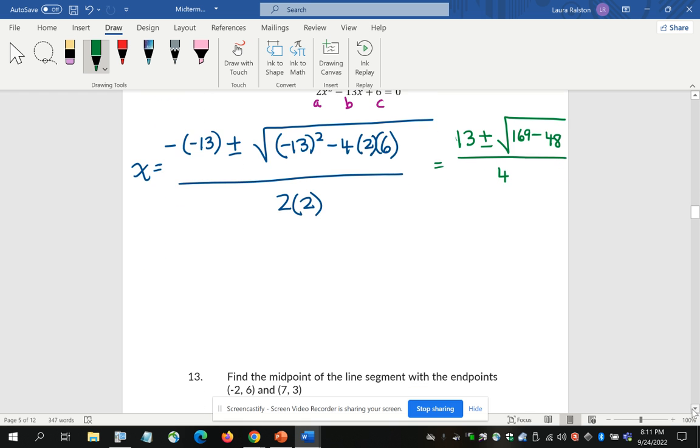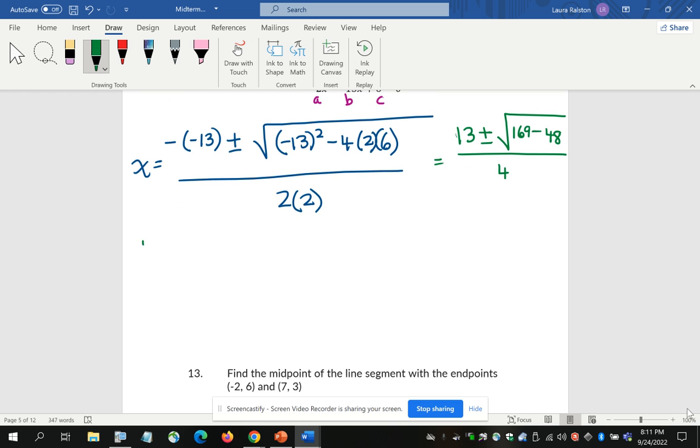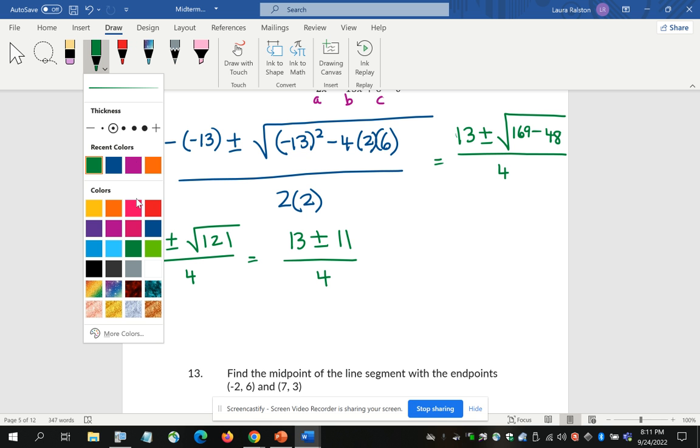So we have 13 plus or minus the square root of 121 all over 4. 13 plus or minus 11 all over 4. The square root of 121 is a perfect square, is 11.